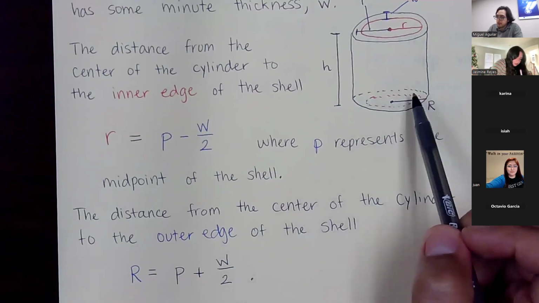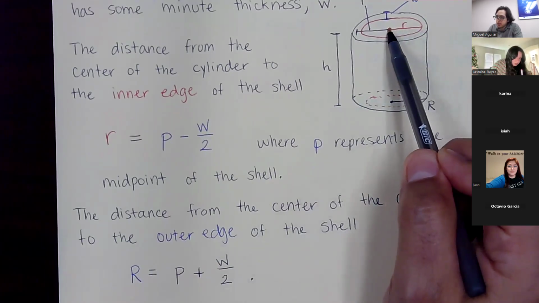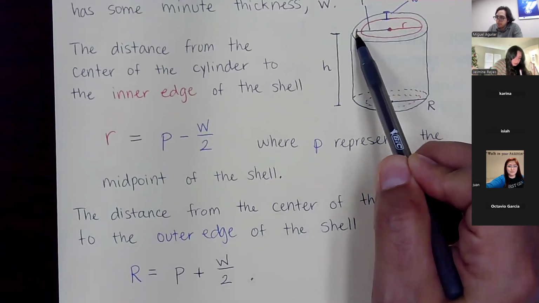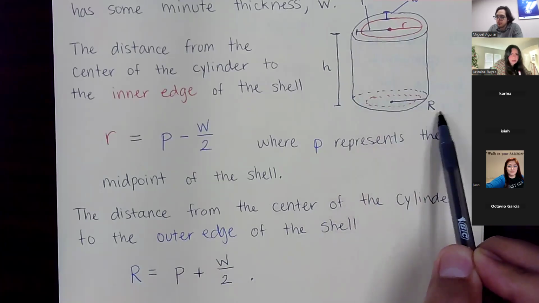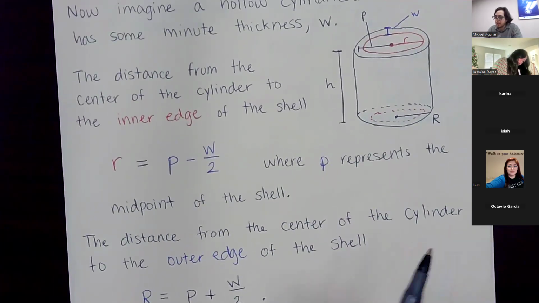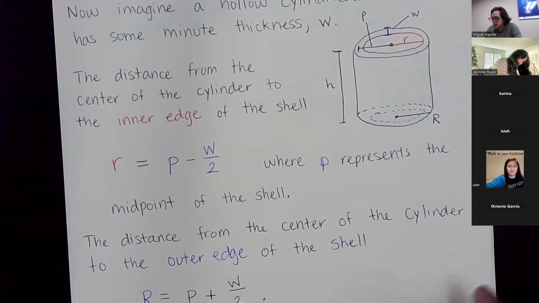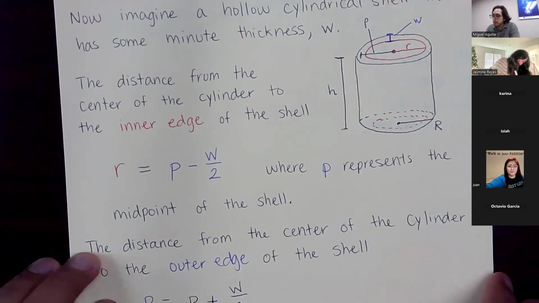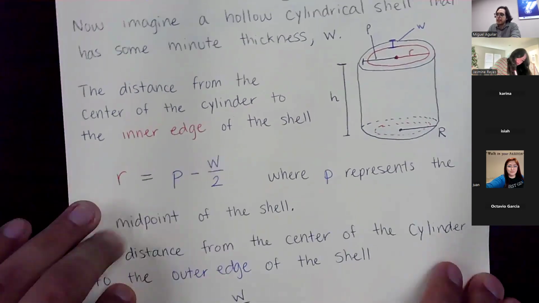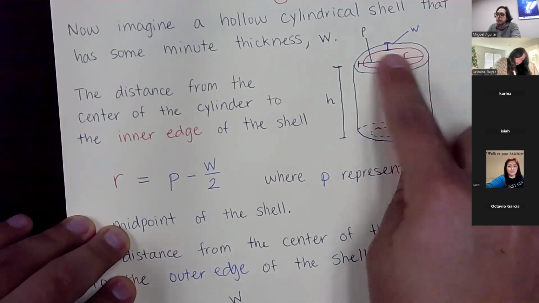So if we think about the distance from here to p, the midpoint of that shell, then we need half of that width to get to the outer radius. It's a complicated looking description of this thing, but it's really going to help us understand how we get the volume of this shell.